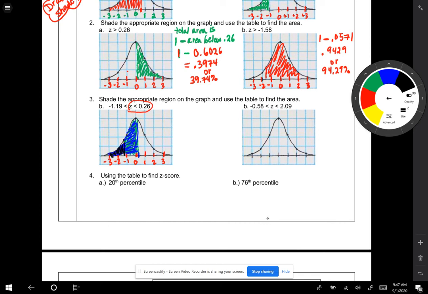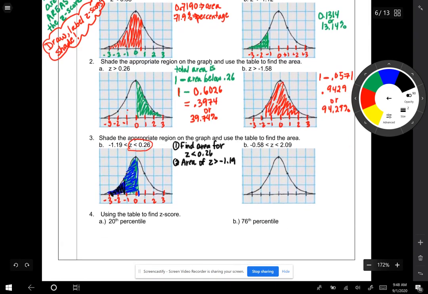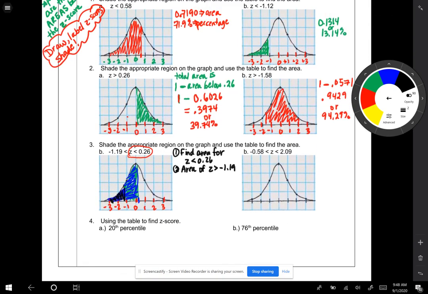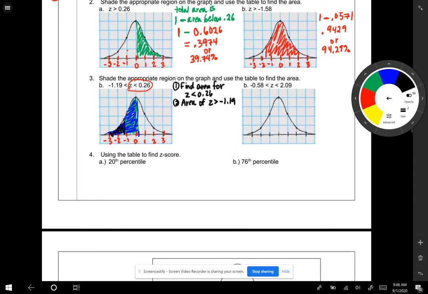So first things first, so let's write this down. Step 1, find area for z less than 0.26. Step 2, area for z less than negative 1.19, and we already know some of these values because they are, that one isn't up there, but the 0.26 is.